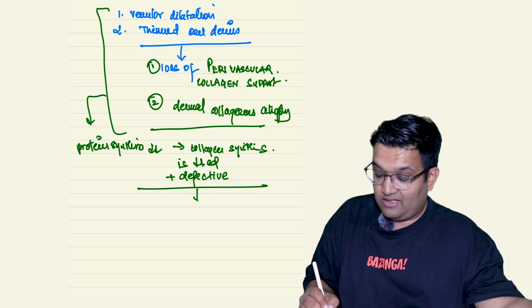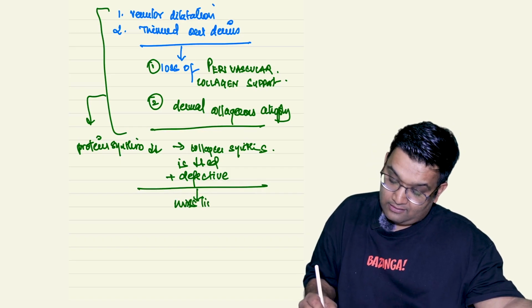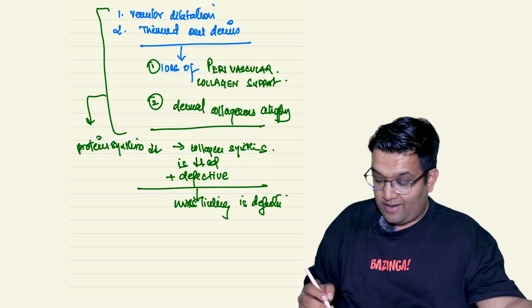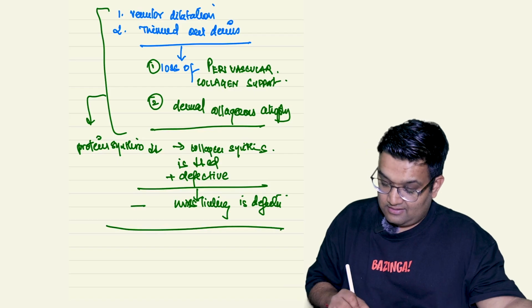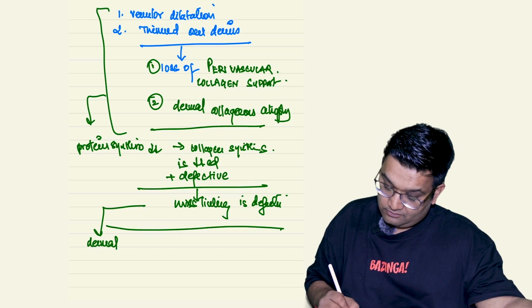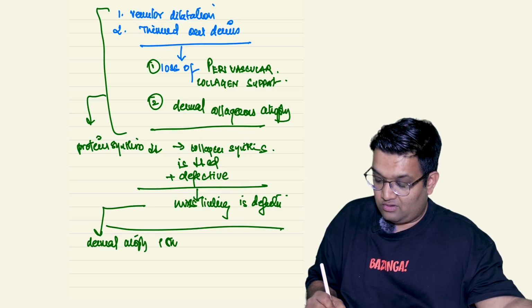Why is this happening? The cross-linking is defective. Because of this, what is going to happen is dermal atrophy and striae are going to develop.